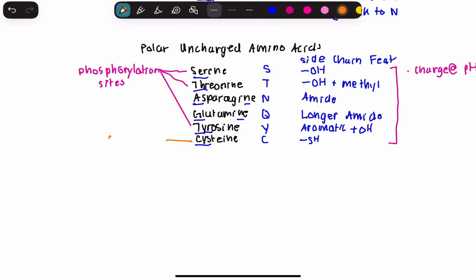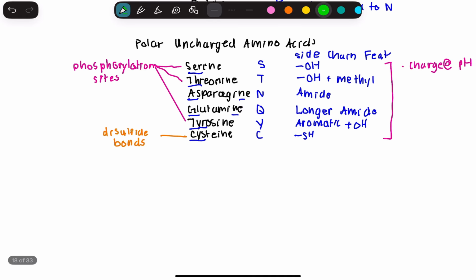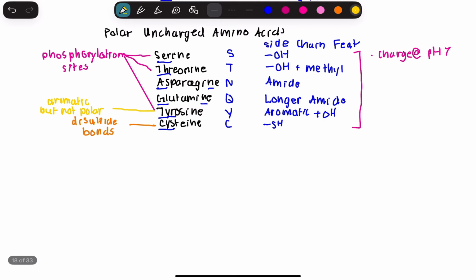Cysteine is a place of disulfide bonds, and also note that tyrosine is going to be aromatic, but it's not polar. So overall, remember that OH or SH means it's polar and reactive.